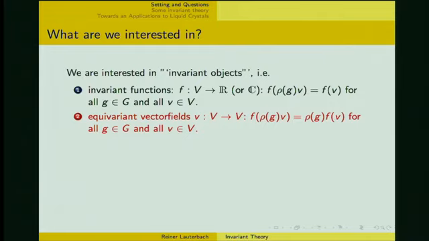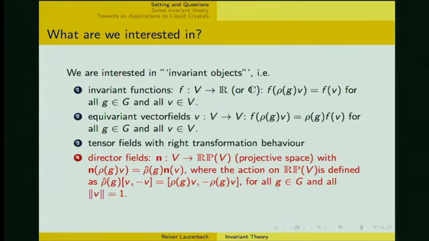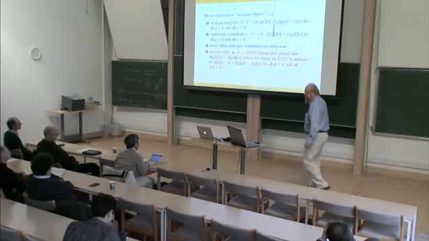V should be here, and this should be a point in my space which should be different from the vector field, and this should be a V. Sorry for that. It's always dangerous to change notation. You could also think about tensor fields, where you require a certain transformation behavior. You can think about director fields, which take values in the real projective space and where you act on it by an action like this here.